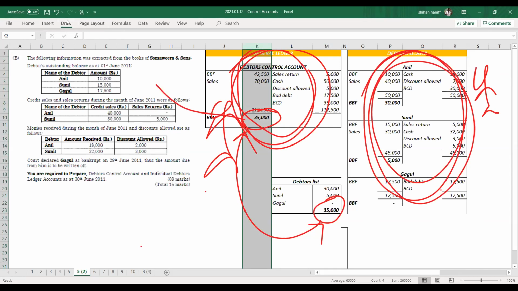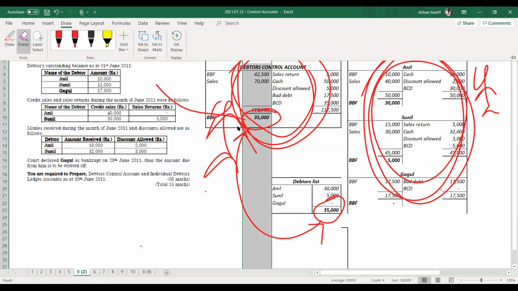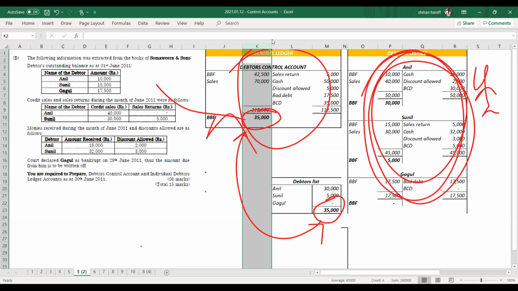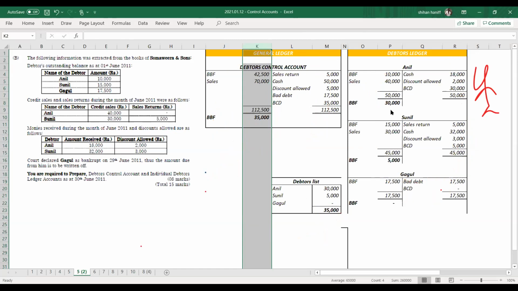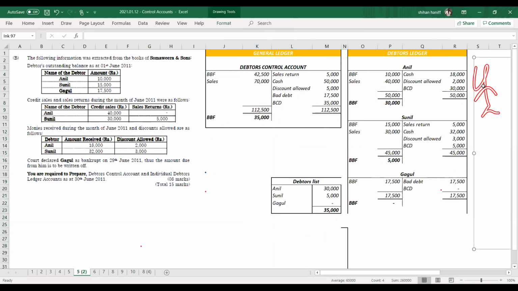Likewise, we assume the control account is done by us, and the debtors ledger is done by another person. Now these totals should be equal.